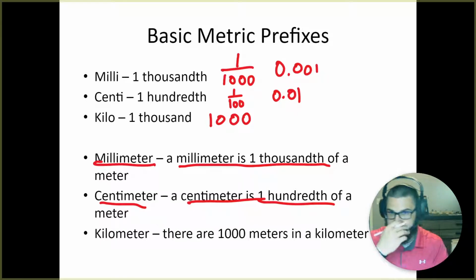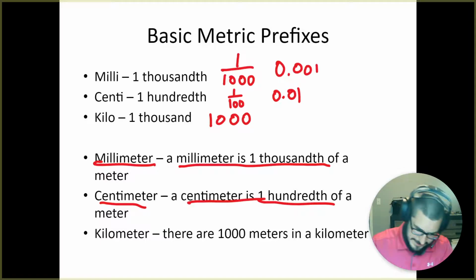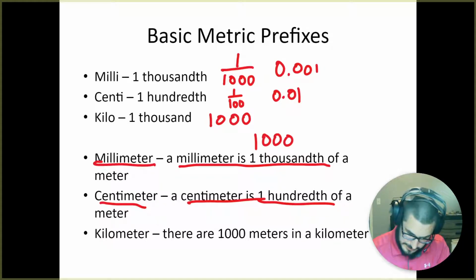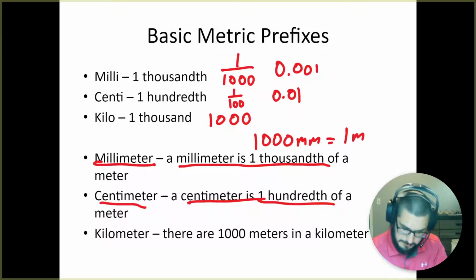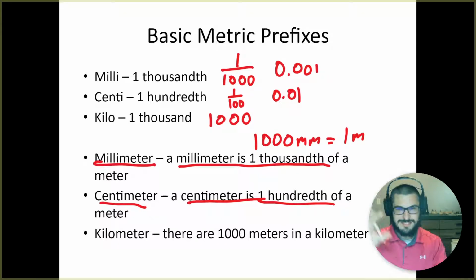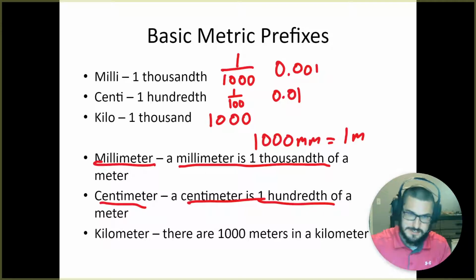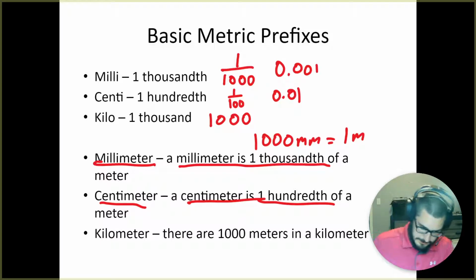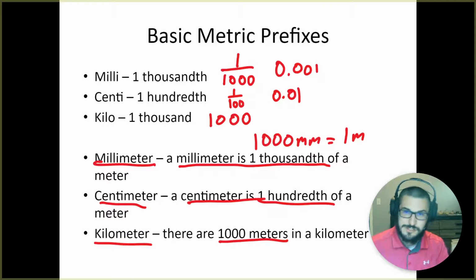The easier way for me to see that is that 1,000 millimeters equals 1 meter. That's the way that I typically make sense of that, but it means the same thing, that 1/1000th of a meter is 1 millimeter. Then kilometer means you've got 1,000 of those meters in 1 kilometer.